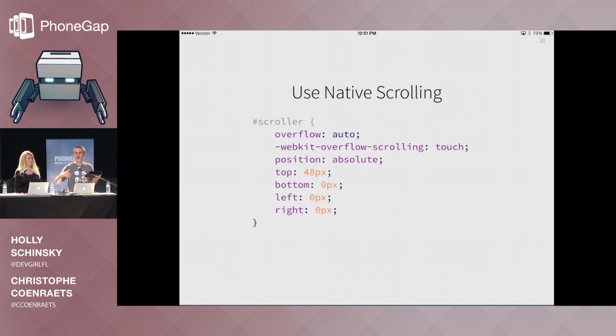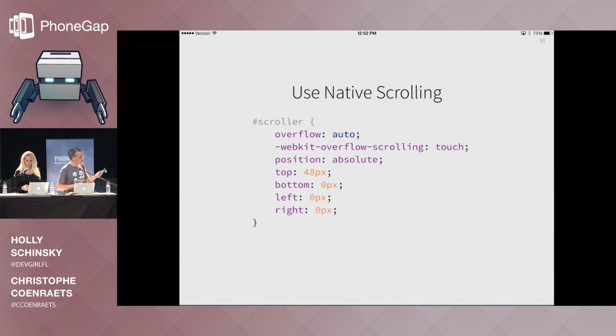But since then, unless you target really, really old devices, and of course everything is relative now, but really old maybe means a few years, there is a way on iOS and on Android to do it natively with just some CSS.